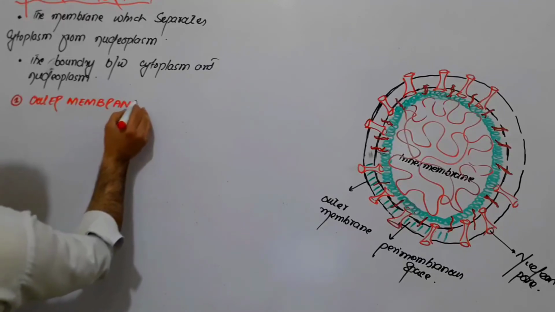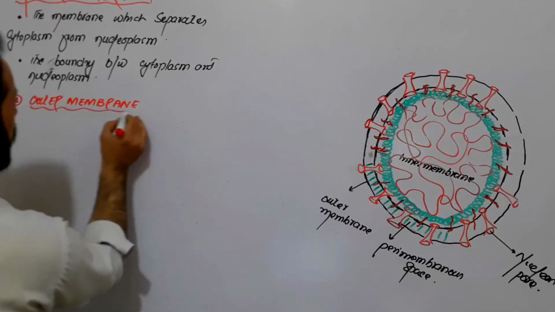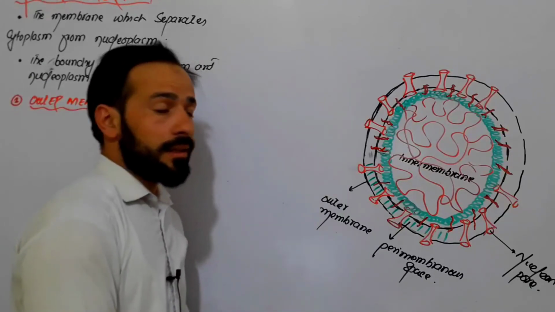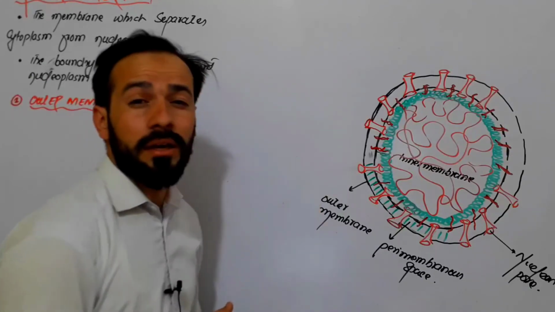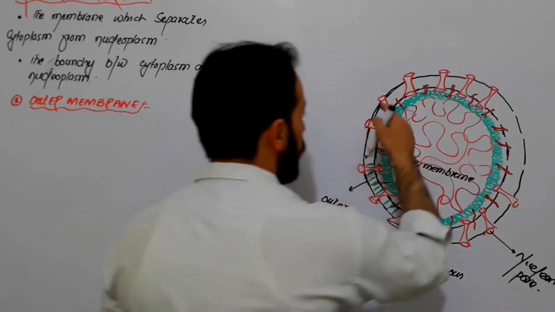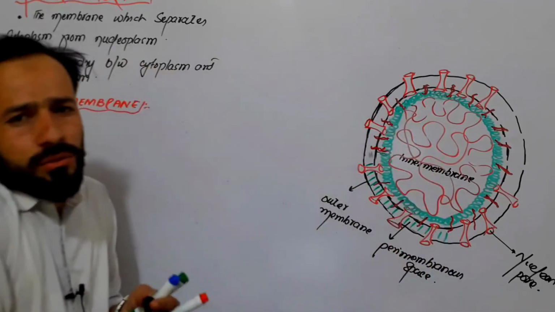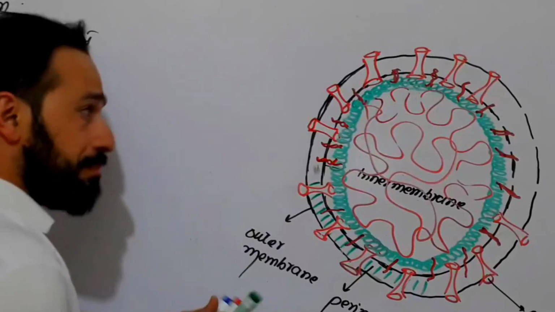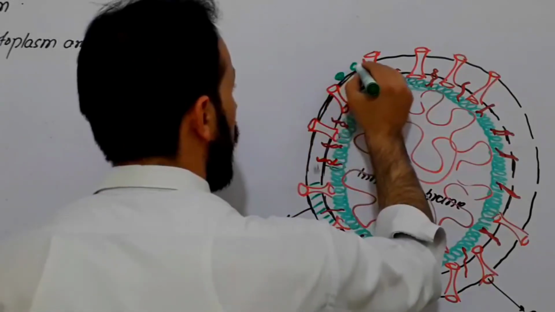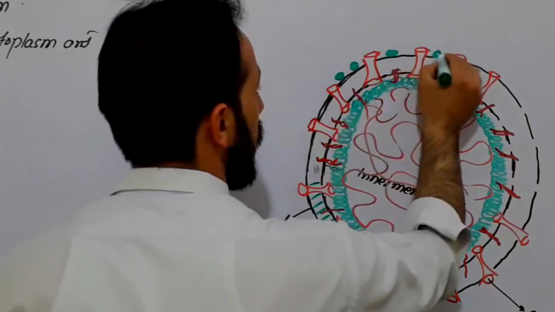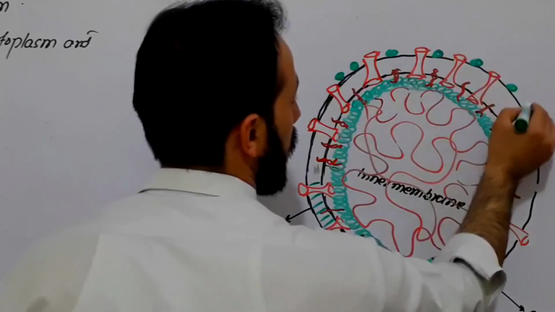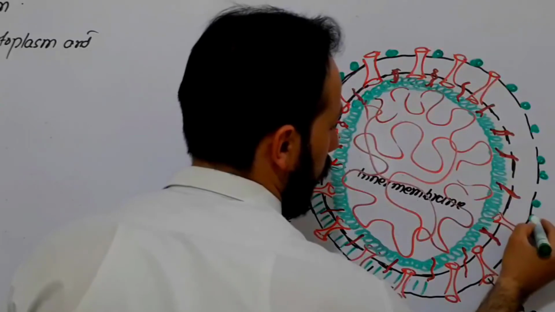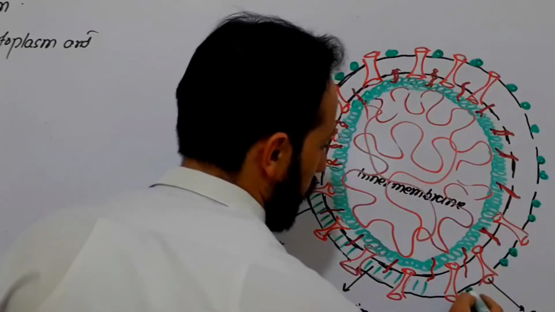The outer membrane of the nuclear membrane is continuous with the endoplasmic reticulum, right? So it is similar to the endoplasmic reticulum. Why? Because at certain points it has ribosomes attached to it. So these are the ribosomes attached to the outer membrane of the nuclear membrane.